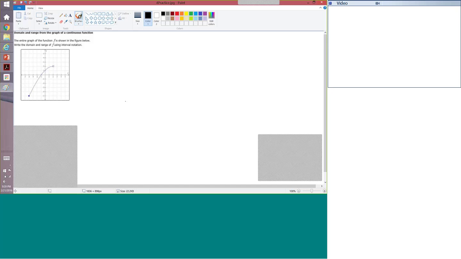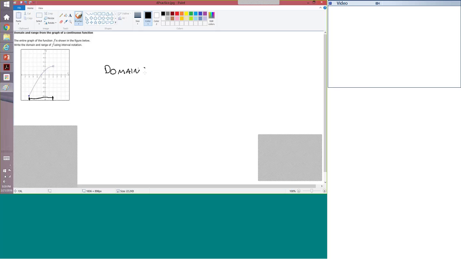Again, in domain, we're going to look at our X values. So where it starts on the left and goes to on the right. So our domain, wow, that was horrible. Let's see if I can do a little bit better than that. There we go.